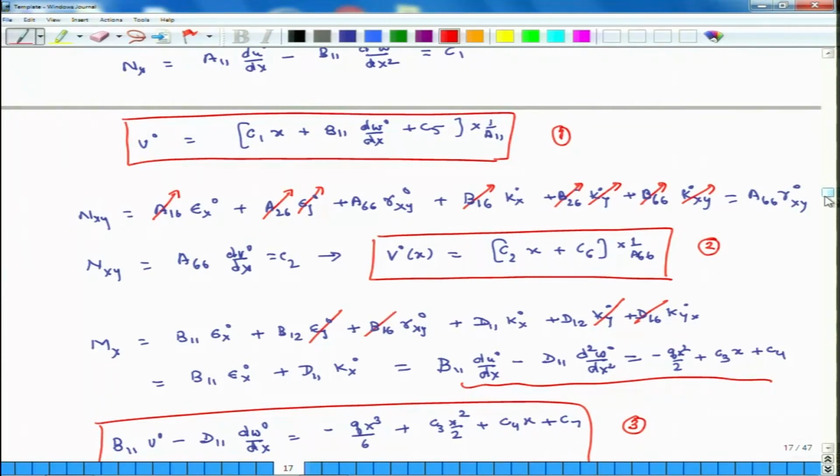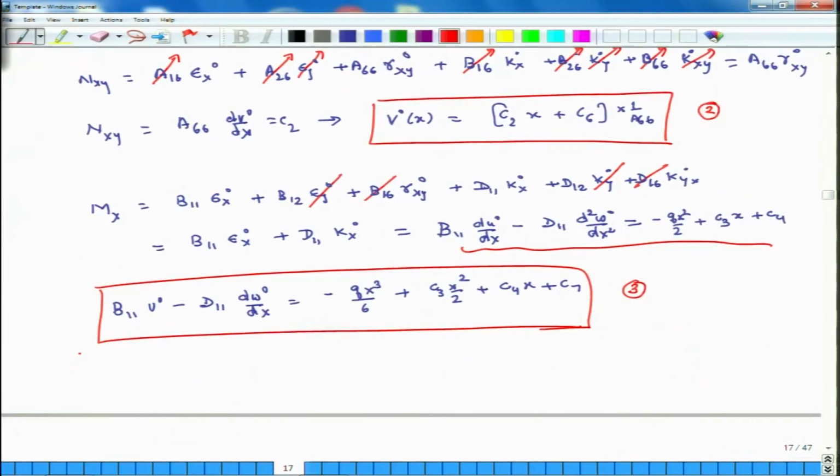So, again there is a coupling between u and w in the third equation. Okay. So, what we can do is we can use 1 and 3 to solve for u naught as a function of x and dw naught over dx as a function of x.